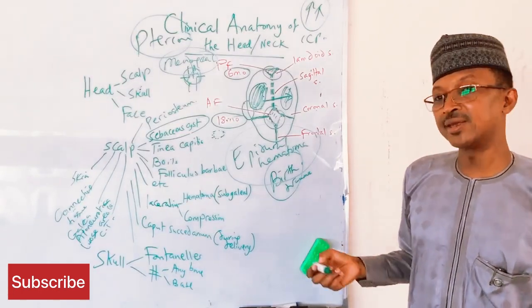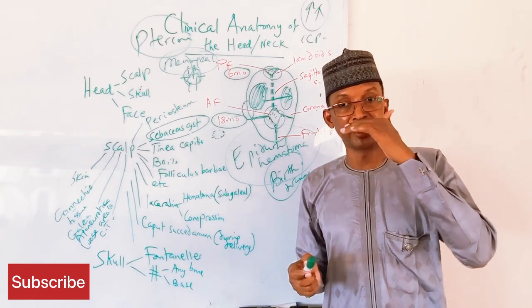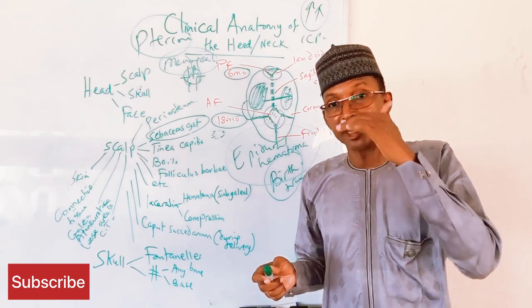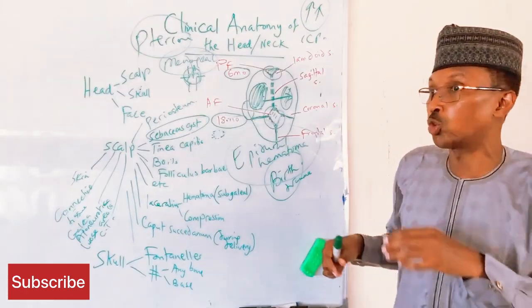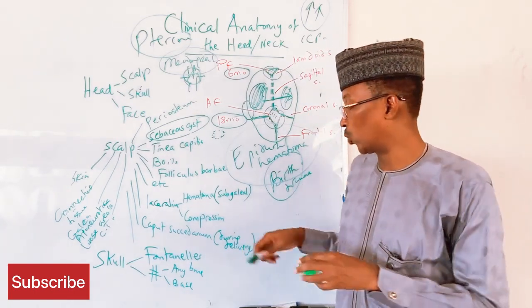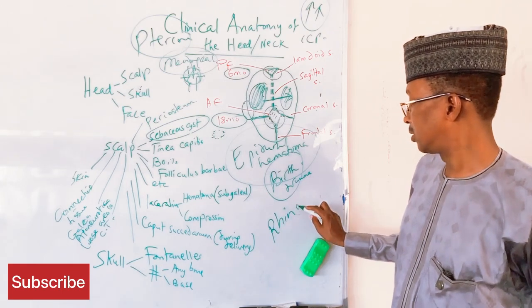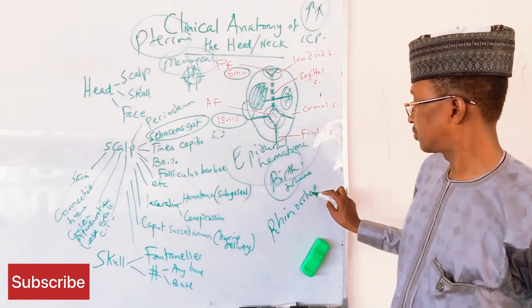So again, the blow or the accident may affect the base of the brain. The base of the skull now is a very complicated base. So once that side breaks, you can have what we call rhinorrhea. Rhinorrhea means bringing out serous fluid from the nose.